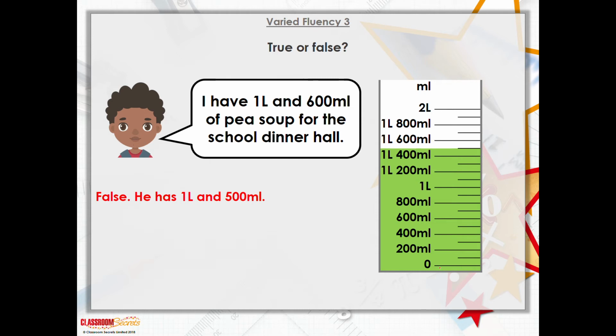Each one here, because if we look at our 0, we've got 1 increment, 2 increments to get to 200 millilitres. So if we half that, divide that by 2, each increment must be worth 100 mils. So if we have 1 litre, 400 millilitres, this here must be 1 litre, 500 millilitres.